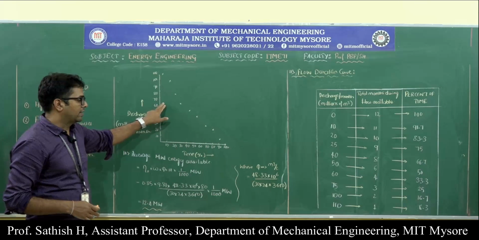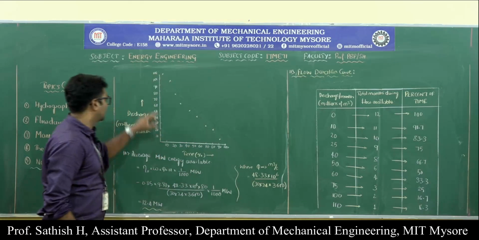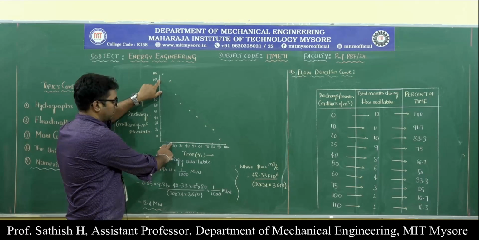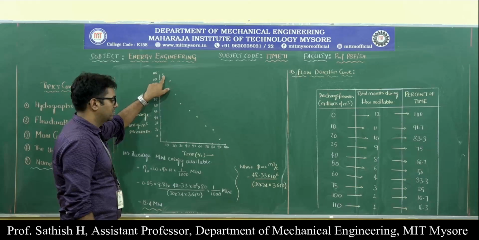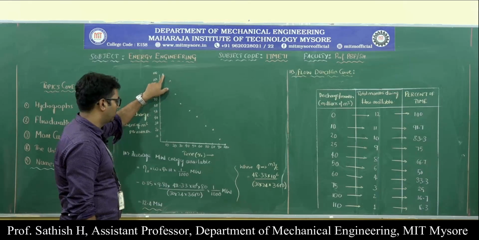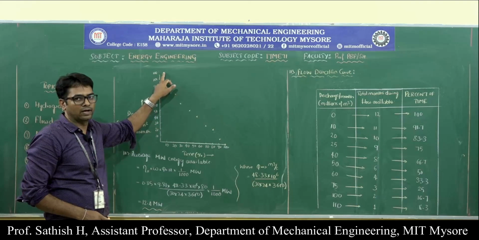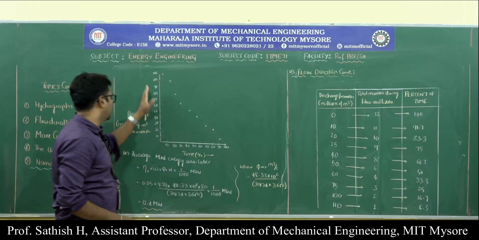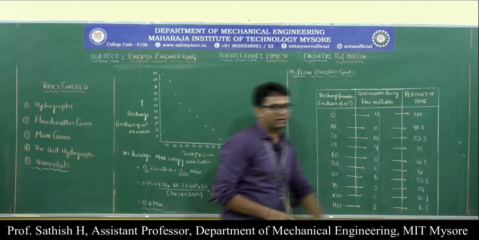You have 100, which is available for 16.7% of time, here is this point. The last one is 110, which is available for 8.33%, somewhere here approximately, so that is also plotted. These are the discharge, the y values, and this is the percent of time, the x values.